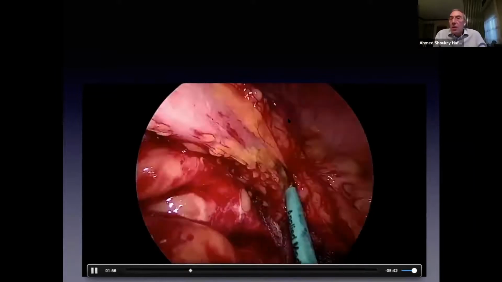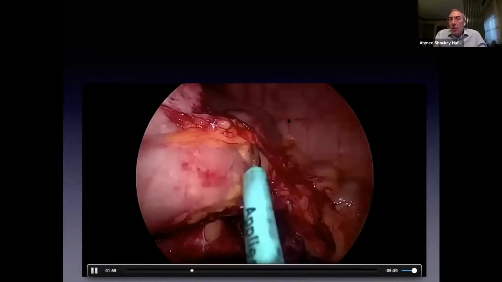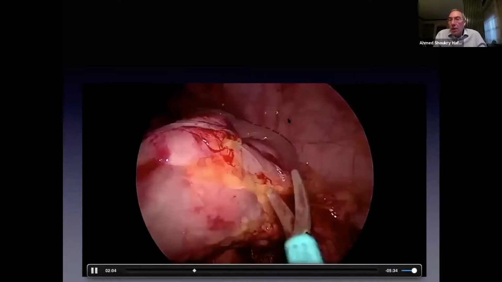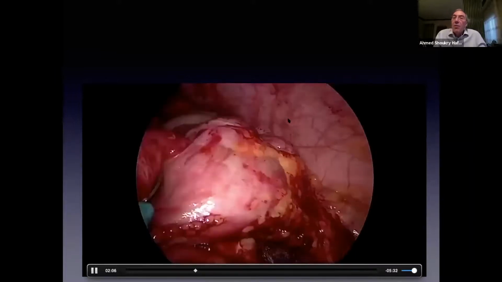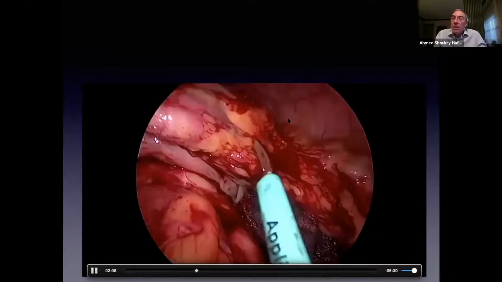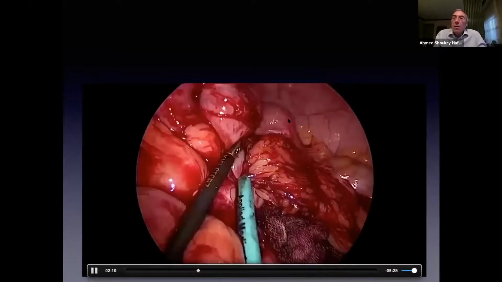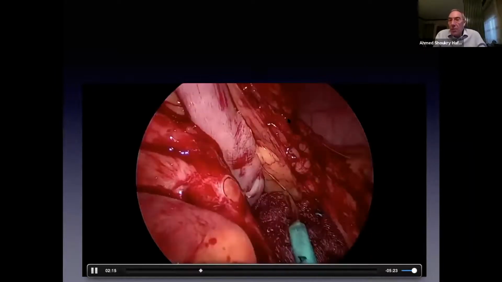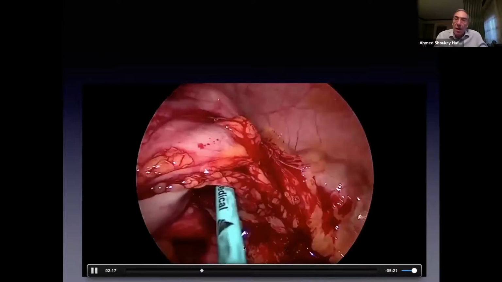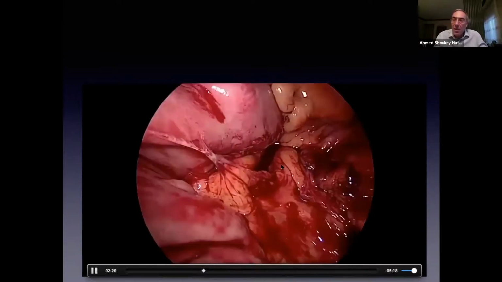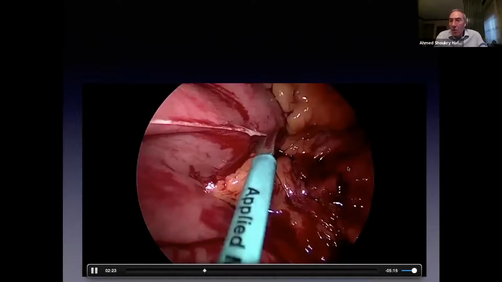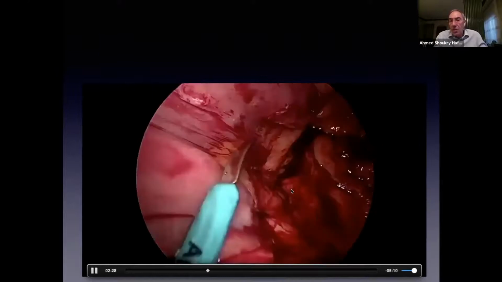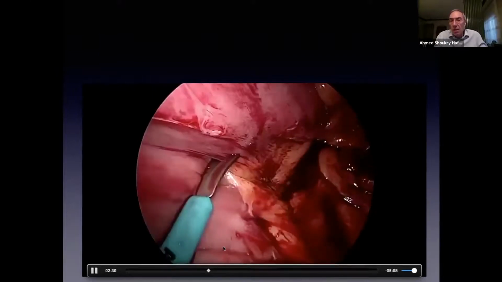So it was really a challenge on how to bring down the colon, lyse all the adhesions, and be very careful not to injure the vascularity of the colon, so that you will not end up with no colon to bring down into the pelvis. And this really is the area of the vasculature going to the colon right here. So it was a very tough dissection.